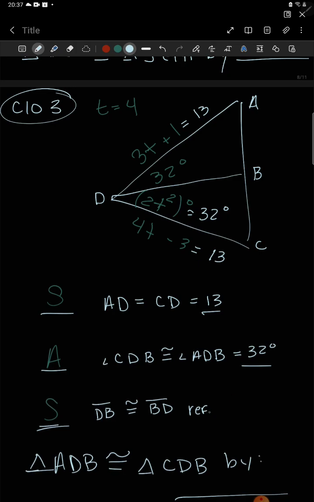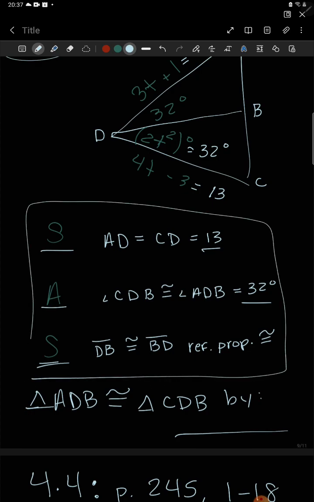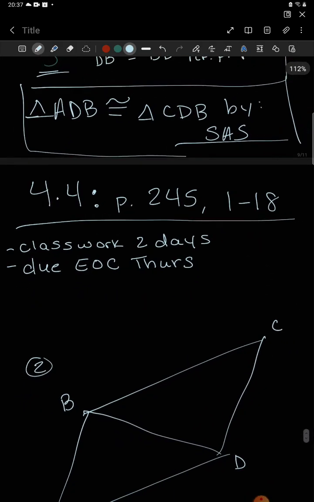It is the reflexive property of congruence. Okay? So now all of these are going to be answers, really, because you had to figure them out. All of these are going to be answers, and so will this. That's your answer. Okay? That's the end of the lesson.